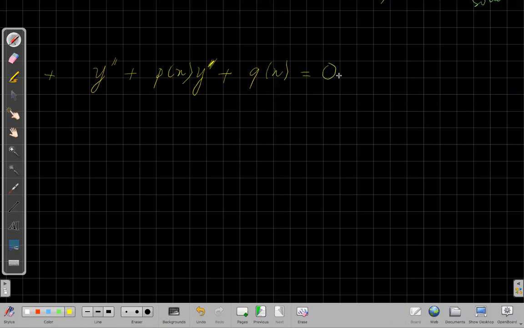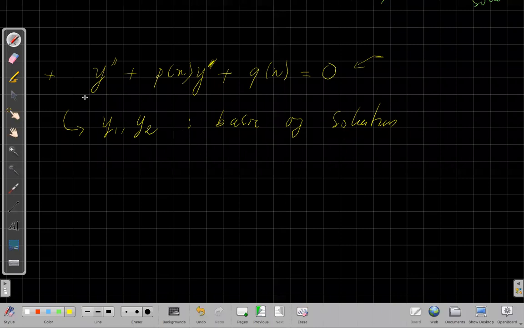Remember that in the first section we consider it to be 0 because we already discussed the homogeneous case. The solution has y1, y2 as the basic solution. The basic solution can be thought of as a solution of this equation because it satisfies it, and I name this the first equation.